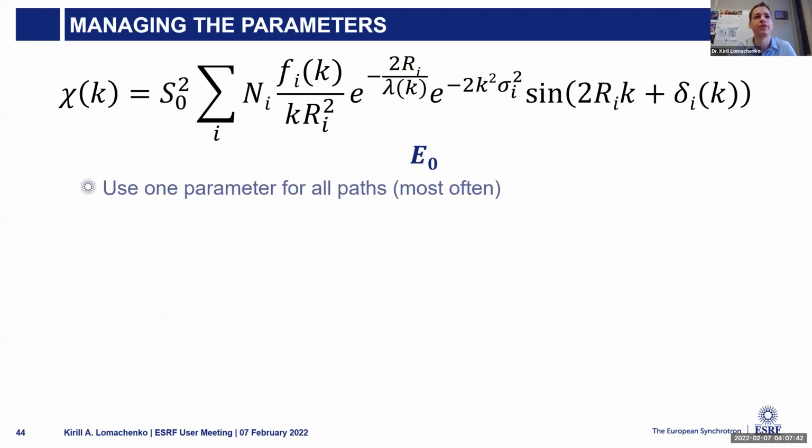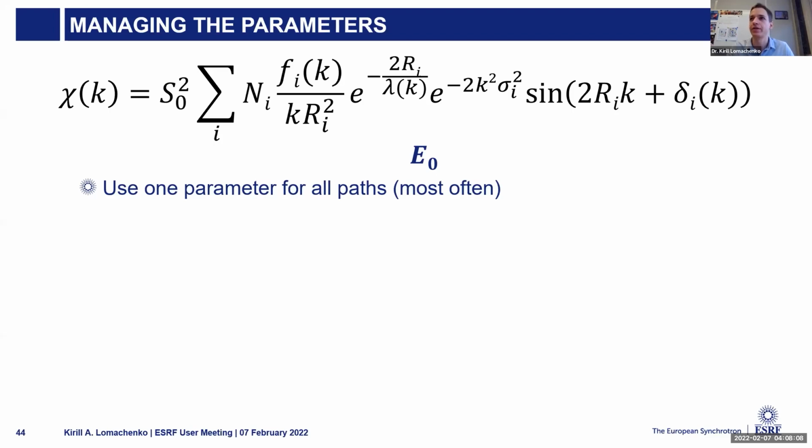For example, for E0, we most often use 1 parameter for all paths, because E0, or let's say delta E0, is basically the error that we introduce by choosing the edge energy. So when we normalize the data, we say the edge energy is here. Maybe we are wrong. So we made a mistake, okay, and we correct this mistake during the fitting.